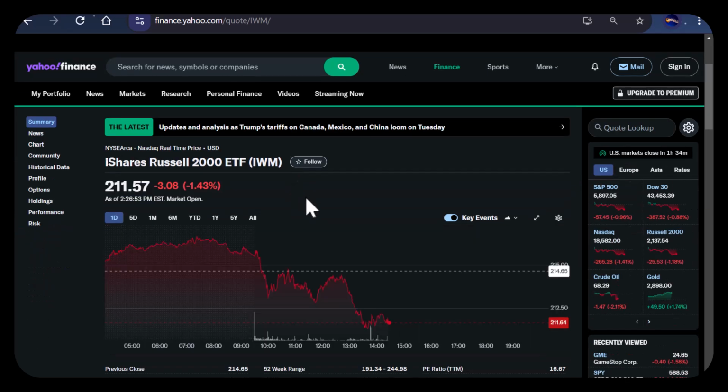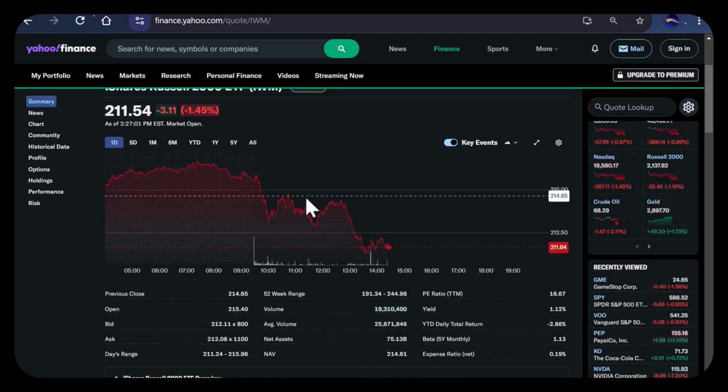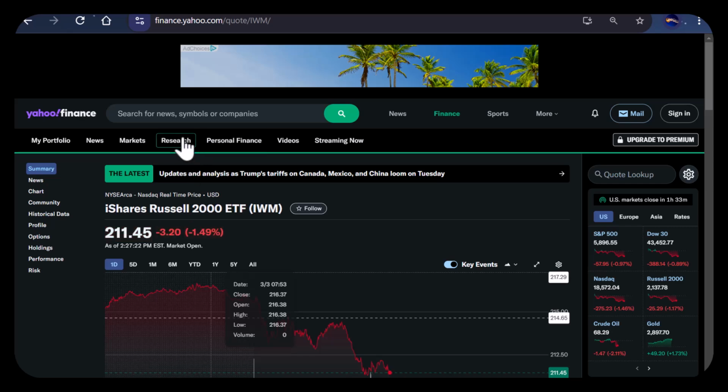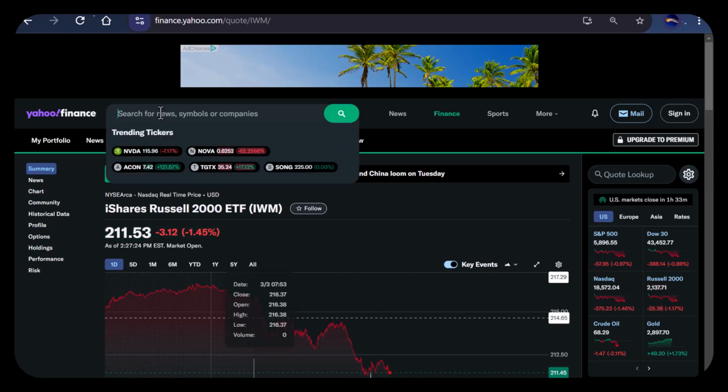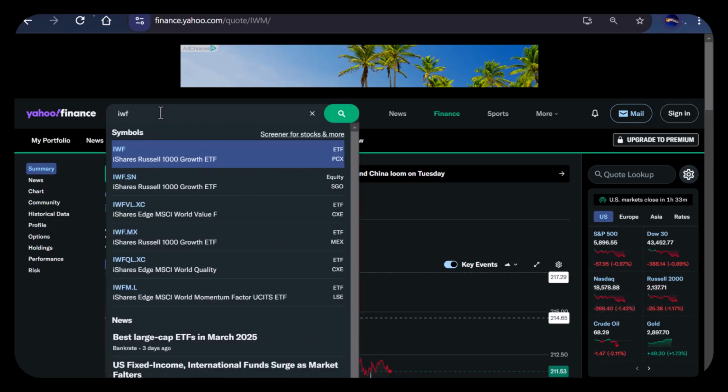Russell is an index that normally has 3,000 stocks. Russell 2000 looks at the 2,000 smallest stocks in that index. Let's look at how much money is invested in there. It's not that small, 214 billion. Okay, and let's look at the large cap version. I think it's IWF, if I'm not mistaken.